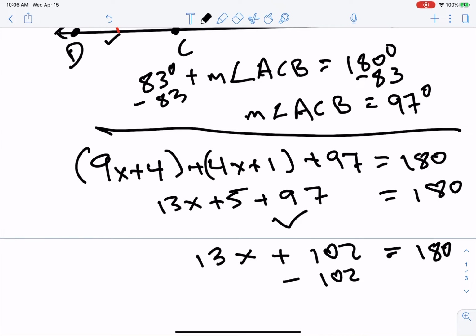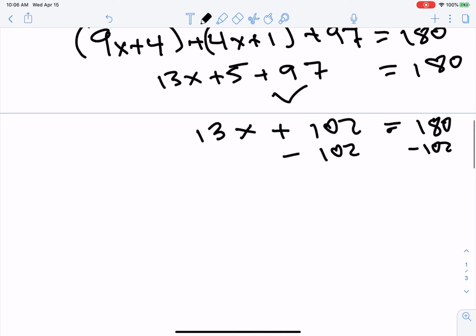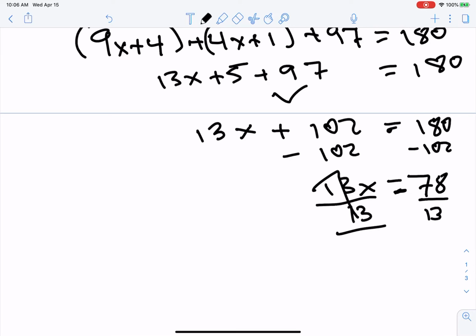Subtract 102 on both sides. And we're left with 13x equals, let's see, this is going to be 180 minus 100 is going to be 80, and so that leaves us with 78 degrees. Okay, now divide both sides by 13, get the x by itself, and it turns out that 78 divided by 13 is 6.